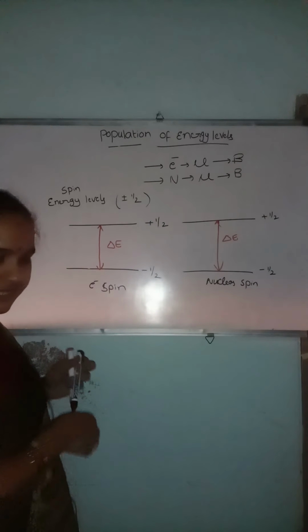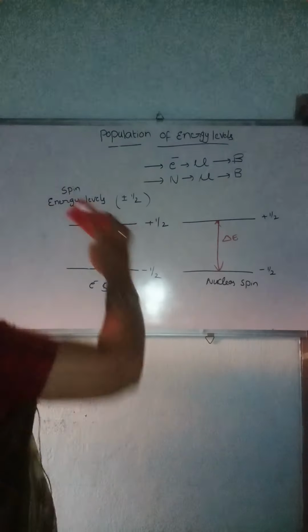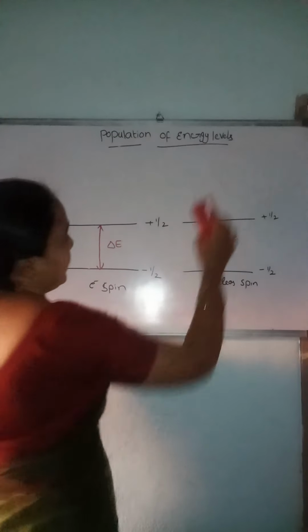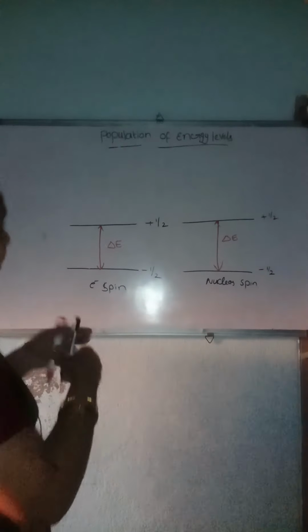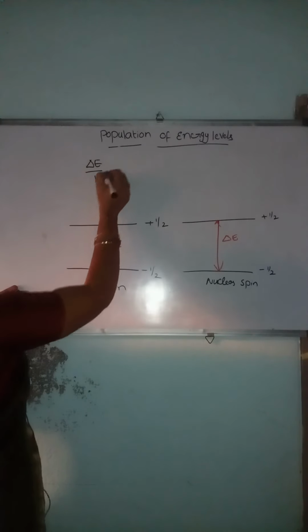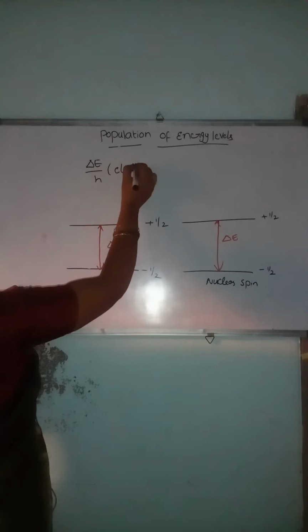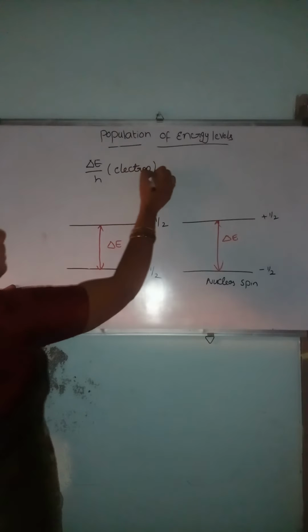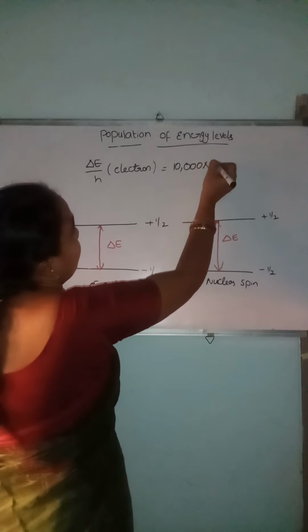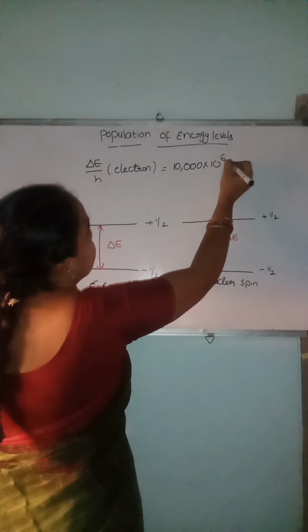In the previous class we already derived the expressions for delta E by h for the electron. What is delta E by h for the electron? Nearly 10,000 into 10 power 6 Hertz.